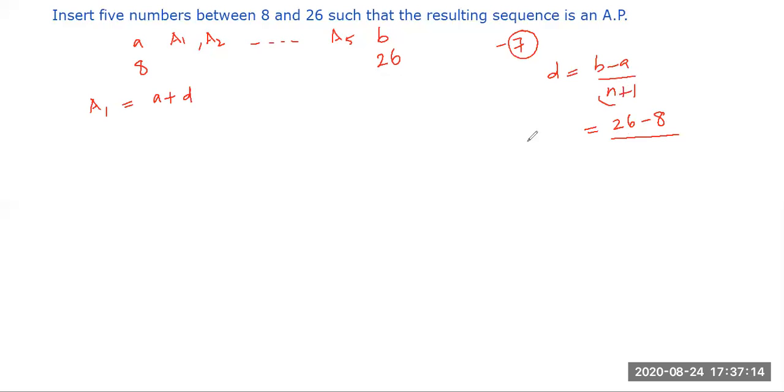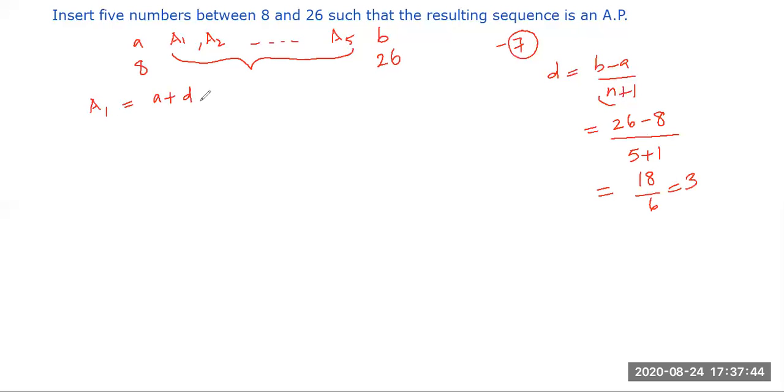What is n? n is not the total number of terms in the AP. n is how many terms you have inserted between A and B. Perfectly right. So n is 5. 5 plus 1 is 6. So this is equal to 26 minus 8, which is how much? 18 by 6 is 3.